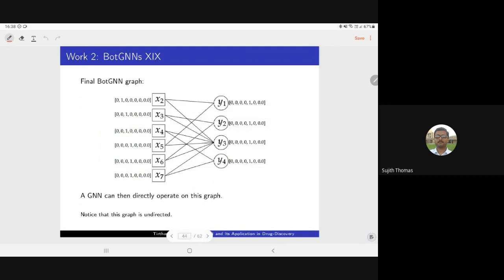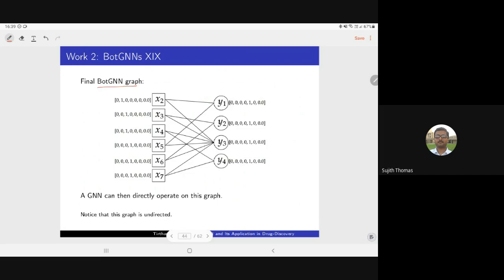Now, the final graph, the BOT GNN graph, not the bottom graph, is the antecedent graph, which has all the very nice node labels or node vectors. And as you can see, these are undirected. There are 2 reasons for making this BOT GNN graph undirected. One is that the GNN variants that we are using, the implementations, deal with undirected graphs.